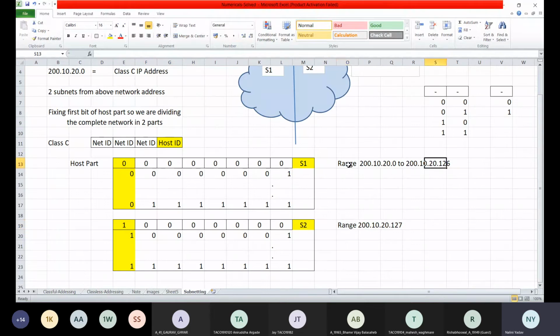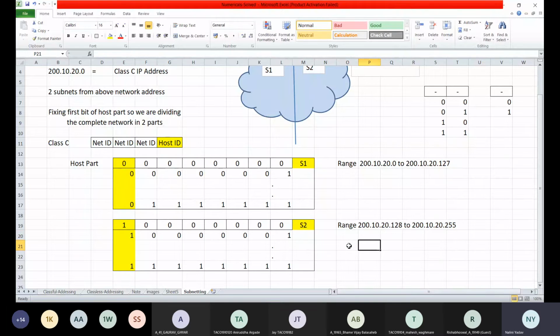I made the mistake here. So this will start with 128 to 200.10.20.255. Right? So this is going to be the range of my S2 network.